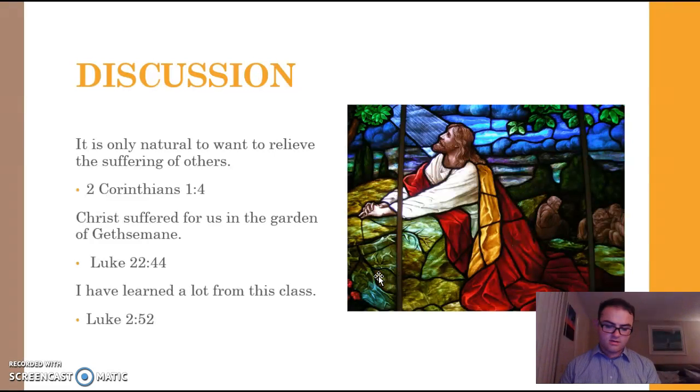This scripture is so meaningful to me now that I have a greater understanding of the integumentary system, that the Savior, the pressure that He must have been under to sweat blood, that's not something that happens when you're not under immense stress, and that He was able to do that for us, that we could be healed ourselves through faith in Him.